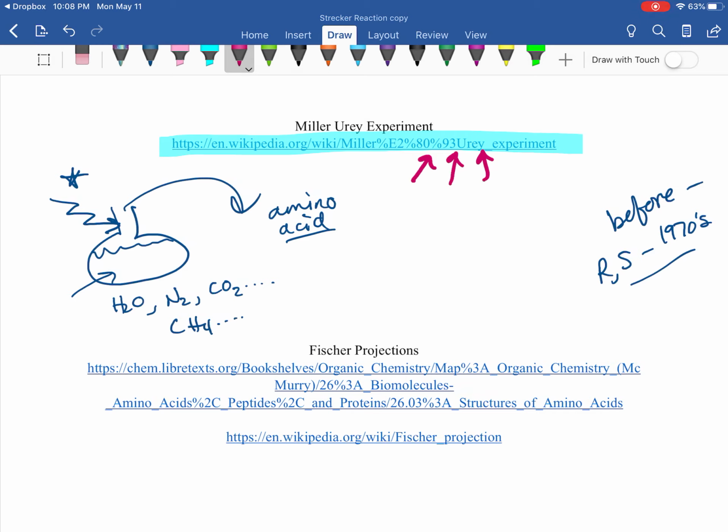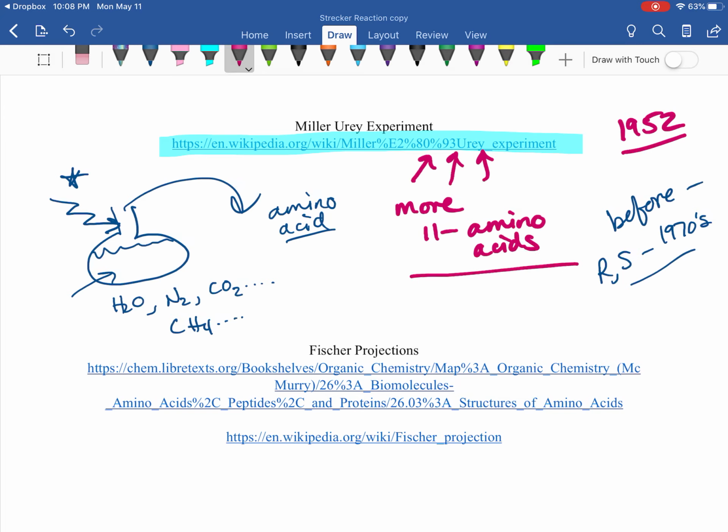What's cool about it is that it was just updated a couple of years ago. Those experiments started in the 1950s. If I'm not mistaken, it was 1952 that he published them. But about 10 years ago, they went back in to catalog and organize his lab for whatever reason, and they reevaluated his samples and found quite a bit more amino acids.